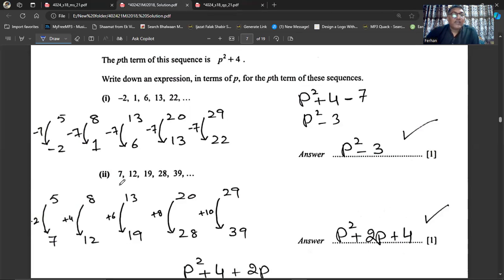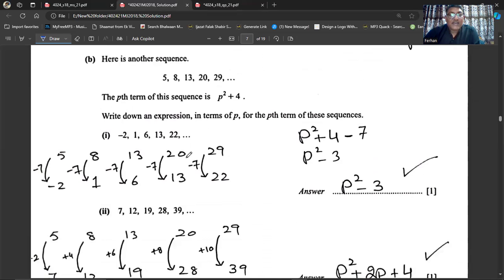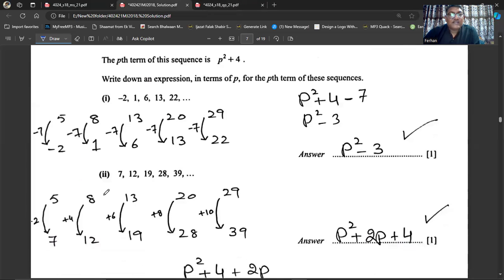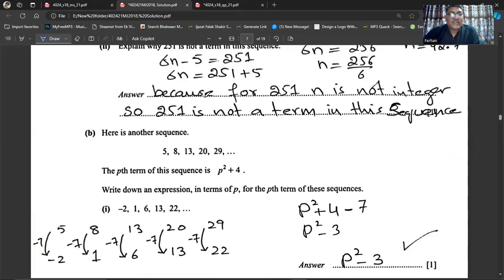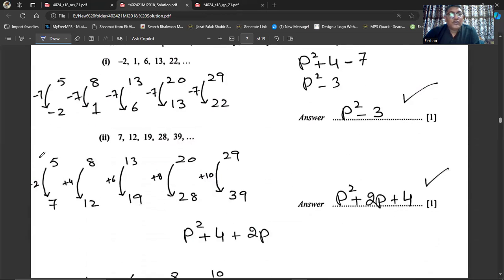Then again, here we have another sequence given: 7, 12, 19, 28, and 39. So first of all, I will check what is the relationship with this sequence whose pth term is given. I have noticed that in the original sequence 5, 8, 13, 20, 29, you add 3, then you add 5, then you add 7, then you add 9.